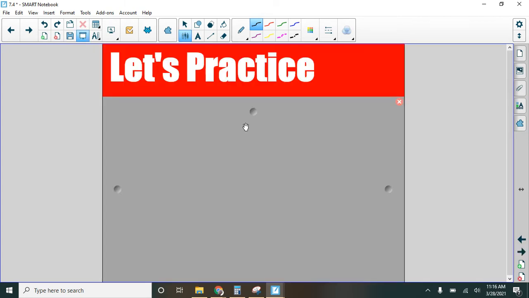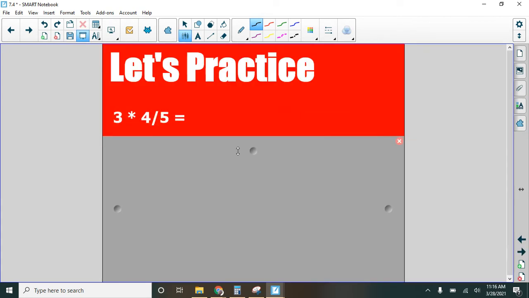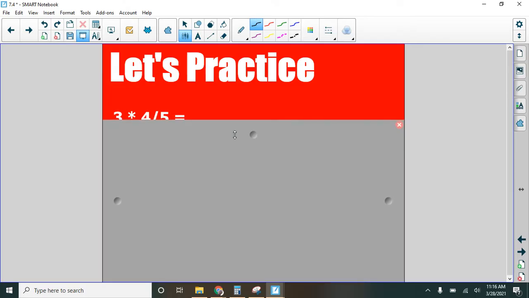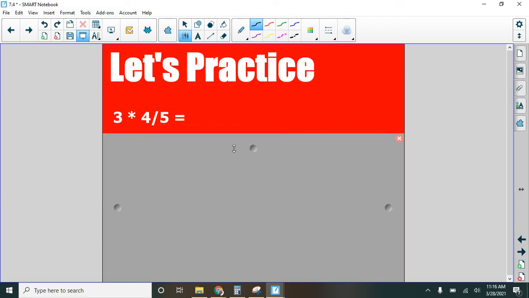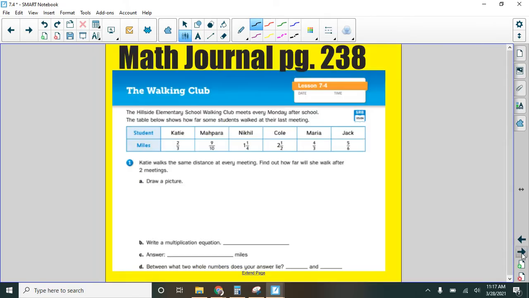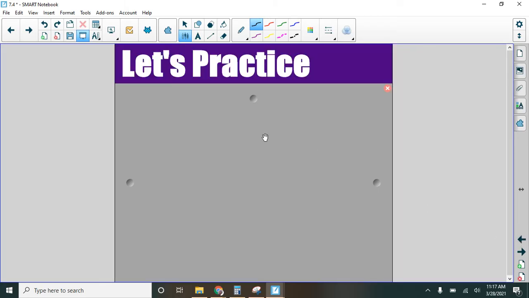All right. Here's one for you to practice with me. So if we had 3 times 4/5. Now I want to show you, because when you get to your math journal page, we are going to be drawing some pictures that go with that. So if we were to practice, wrong screen.